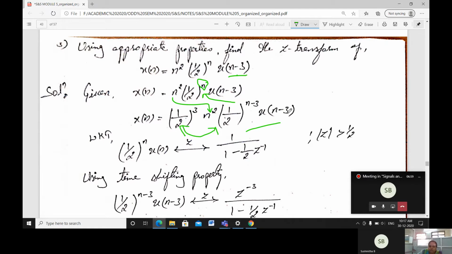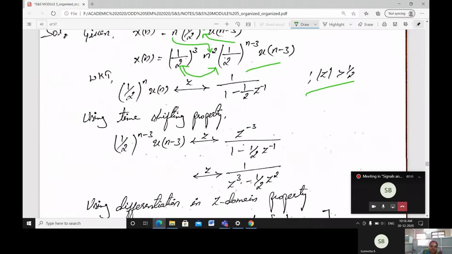Then 1 by 2 power n u of n, we already came across that the z transform is going to be 1 divided by 1 minus 1 by 2 z inverse, where mod of z is greater than 1 by 2. Then using the shifting property, n minus 3, what can I write?